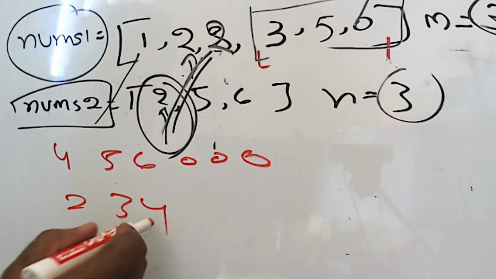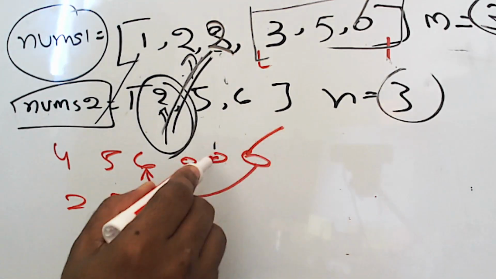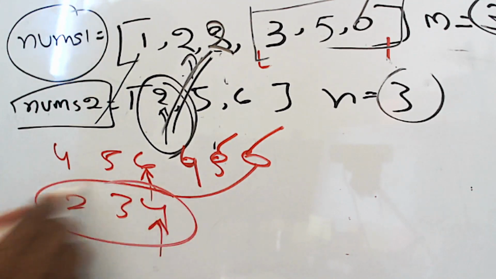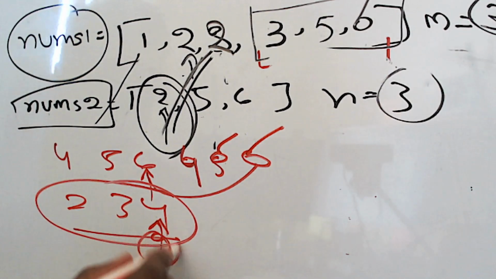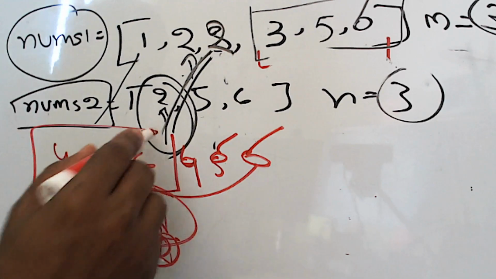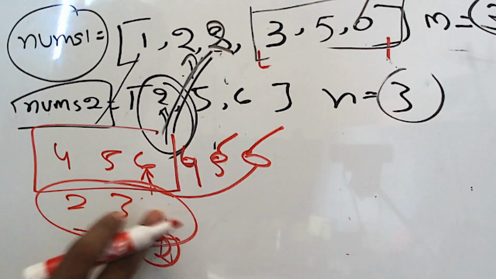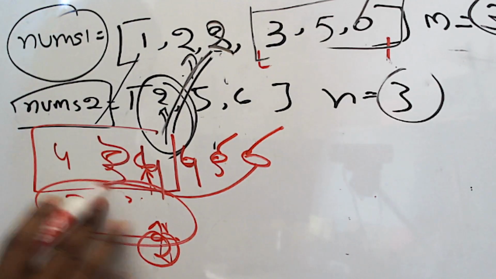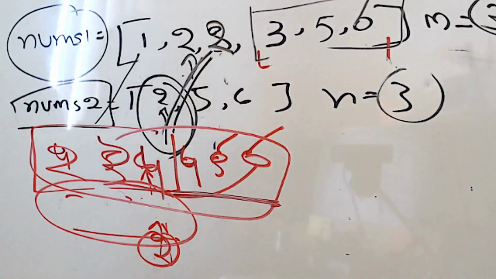When we start our pointer here, it keeps replacing: it will become 6, then 5, then 4, but our j pointer will not move. It will still stay at the last element. So at the end, if the j pointer stays, we just replace the front with the remaining nums2 numbers, and this will become our desired array because we already shifted the numbers. That's what the logic is.